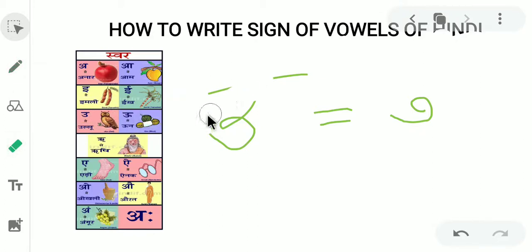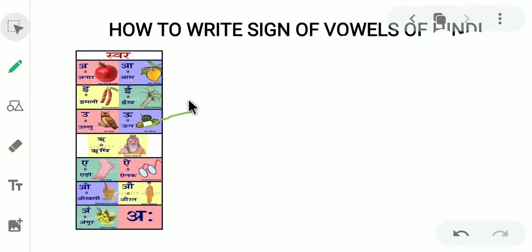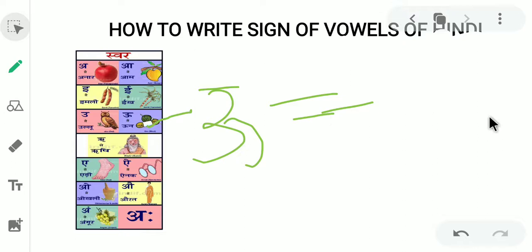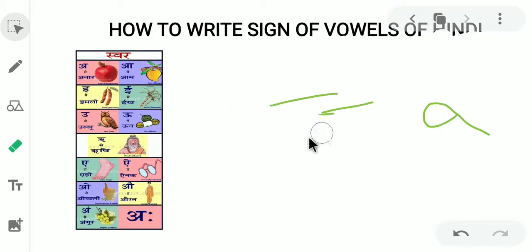Again I'm going to tell how to sign the big U. Now if you have to write the sign of big U, then you can sign U like this. And it is the sign of U.